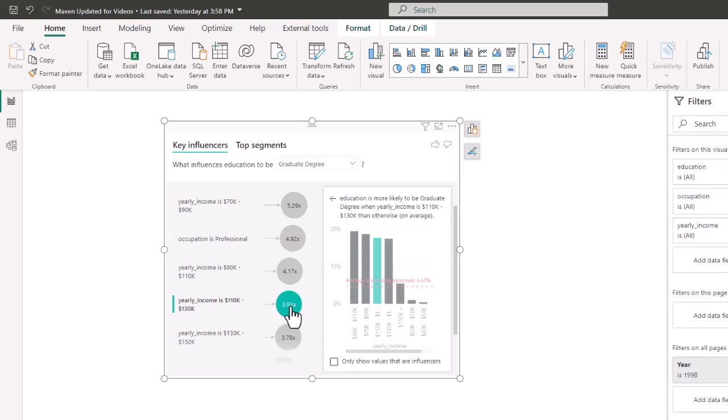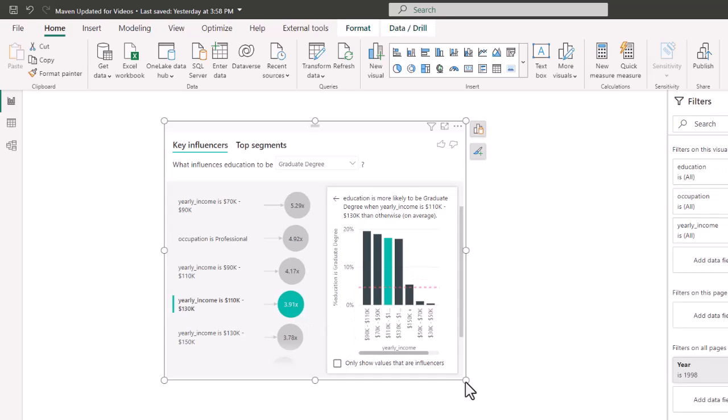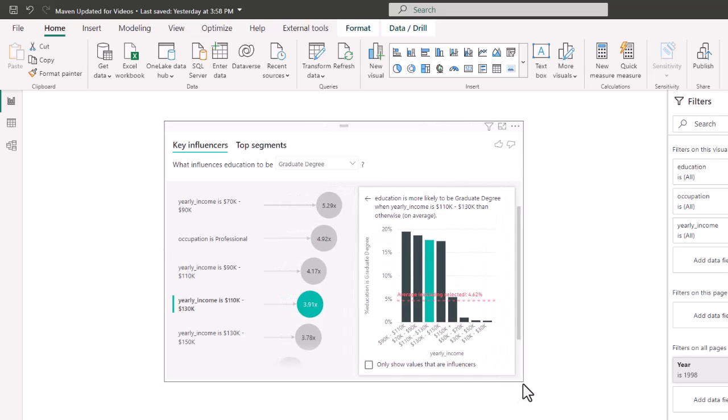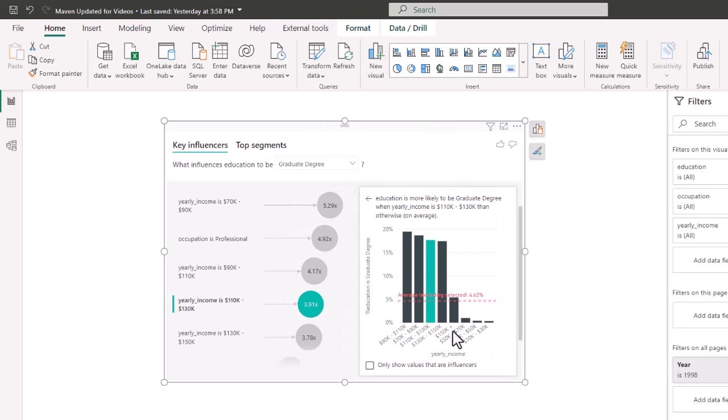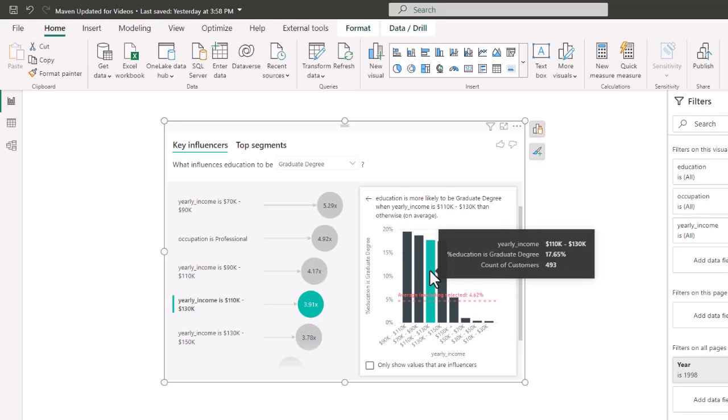So if you click on that, and this has the income by income levels, and the highlighted one is 110 to 130K. So 17% of the people in this database have a yearly income of 110 to 130,000 and they have a graduate degree.